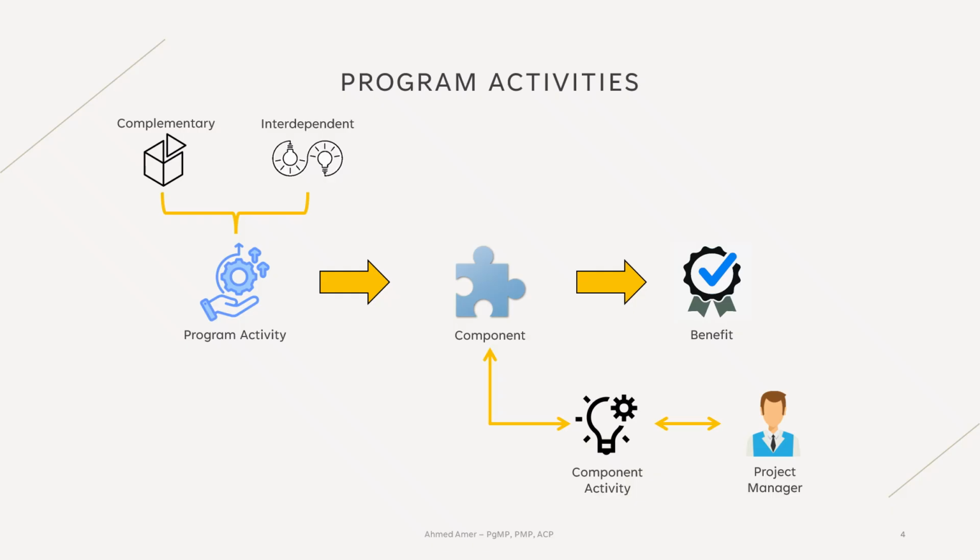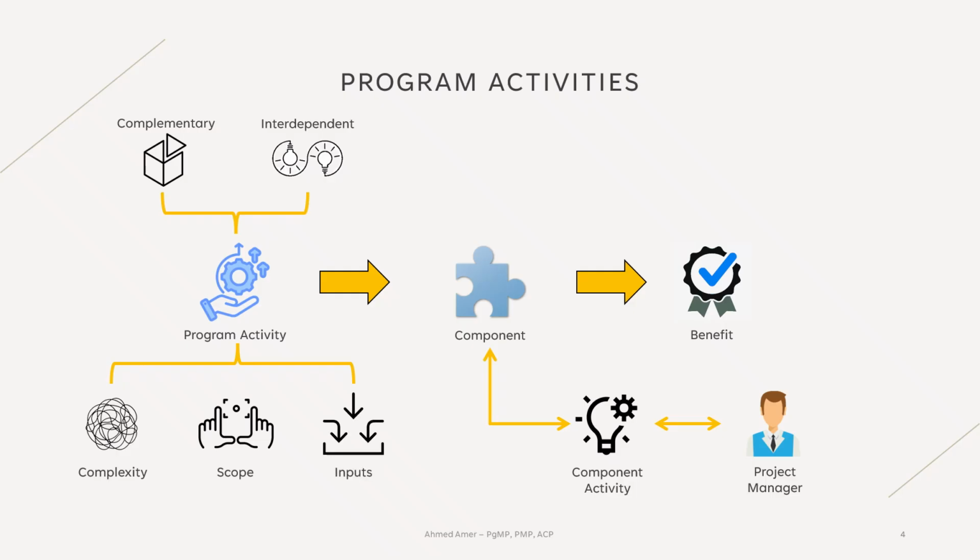Be mindful that the naming and description of program activities can look familiar. It may appear to be similar to those of project activities or processes. However, program activities' content, scope, and complexity are entirely different. Program activities incorporate a greater number of inputs and typically broader scope compared to project activities.